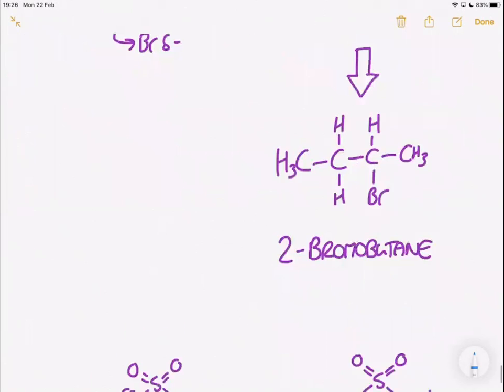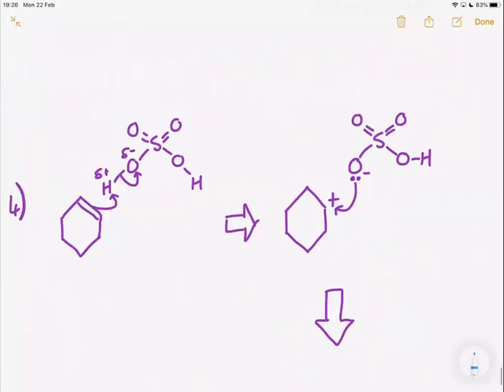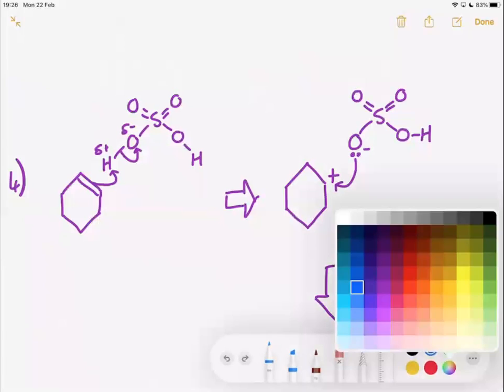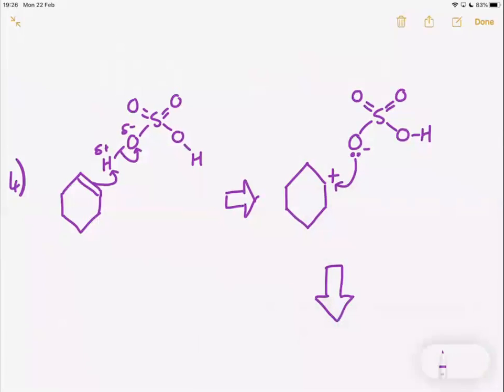So then the challenge question. I've done mine as a skeletal formula. Obviously, you could have cyclohexene as a displayed formula or something similar, but just to keep it a bit more neat and tidy, I've got my double bond, obviously, but the rest of it, I've not shown all the carbons and hydrogens. So just to be clear, if you did do this, that's fine.